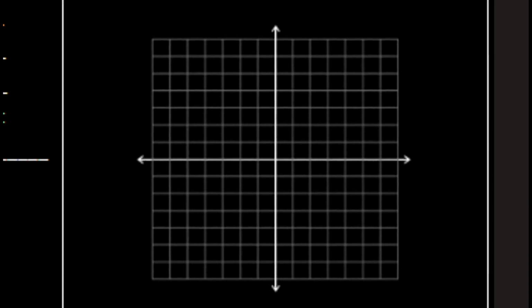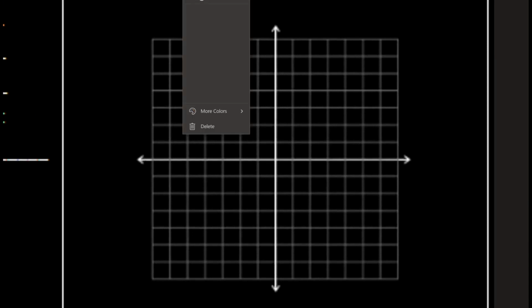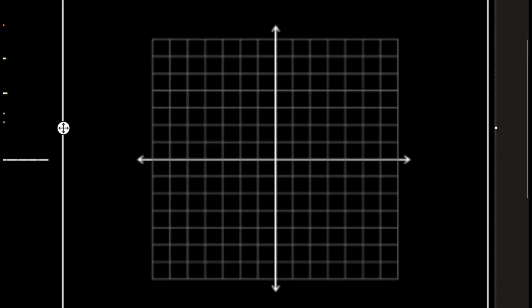Is it vertical or horizontal? It is vertical. So we draw a line. Logs always have a vertical asymptote. Exponentials have a horizontal one. That's just a rule you have to remember. And the line for this is x equals 0.